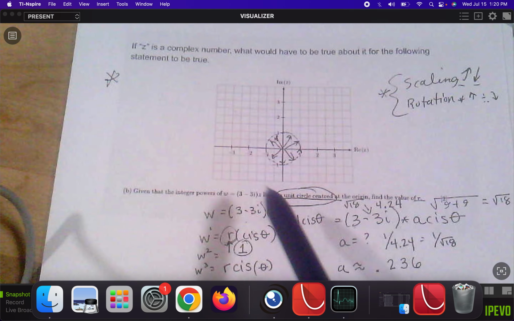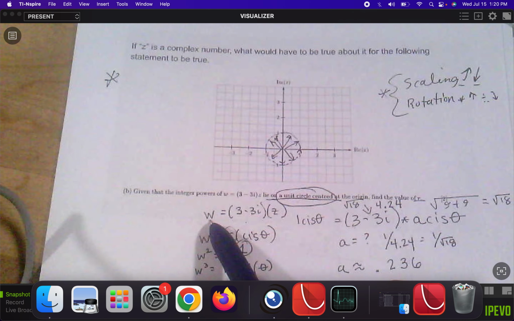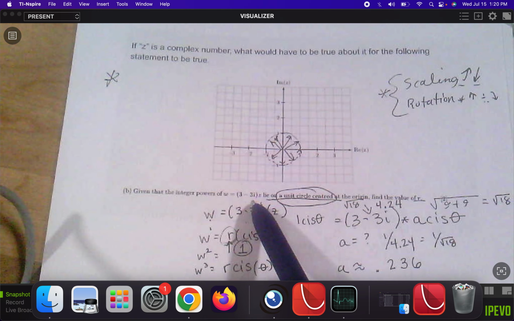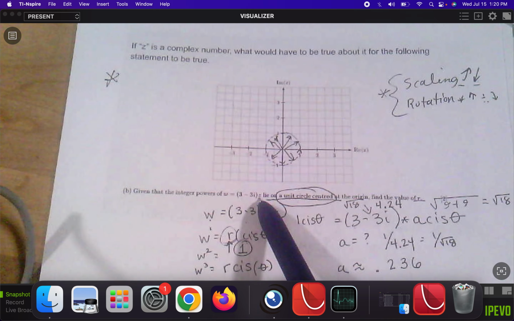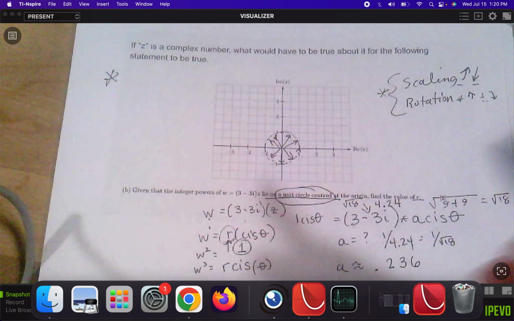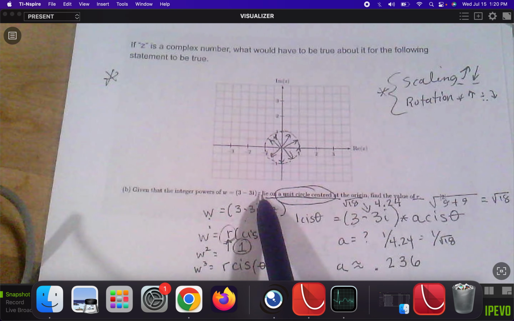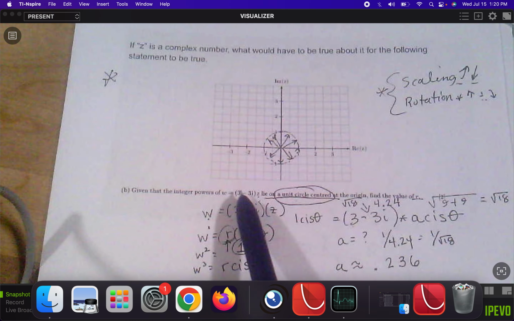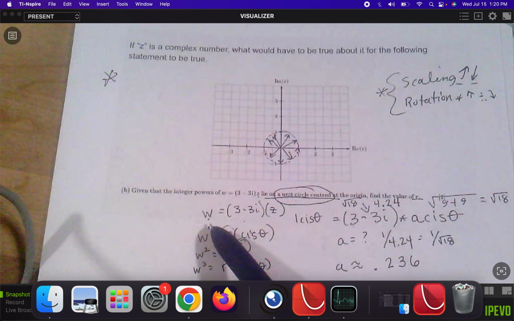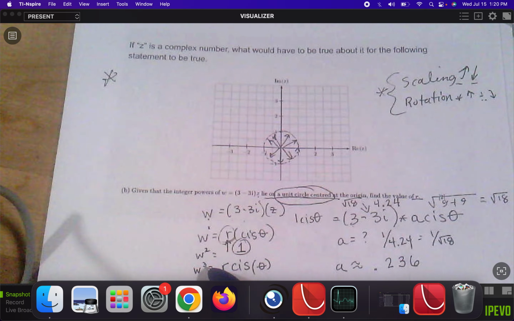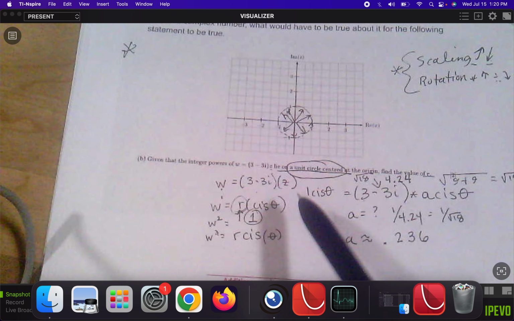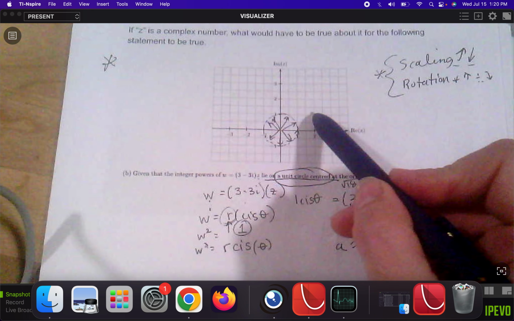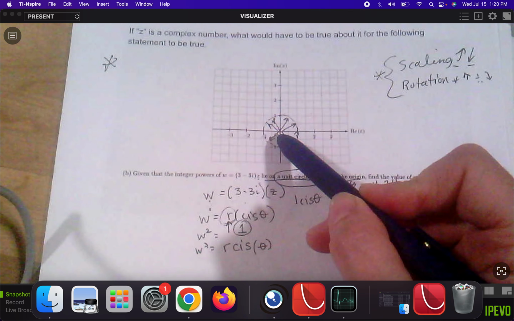Let's say that W is a new complex number, created by taking 3 minus 3i and multiplying it by some new complex number z. It's asking what has to be true about z and about W if W raised to the first, second, third, fourth, so multiplying over and over again, instead of getting bigger or smaller, stays the same size.